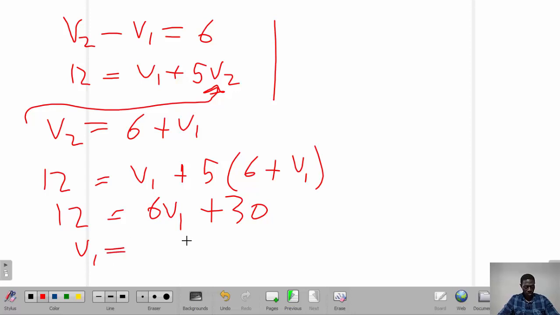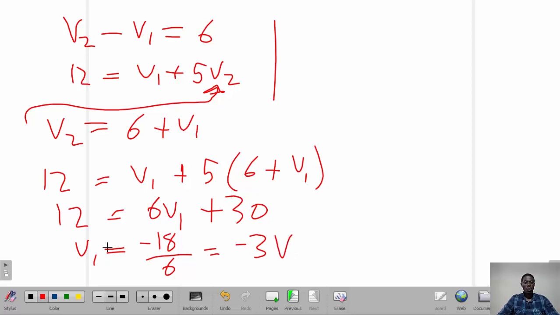V1 is 12 minus 30, then divide by 6, so minus 18 divided by 6, which gives you minus 3 volts.